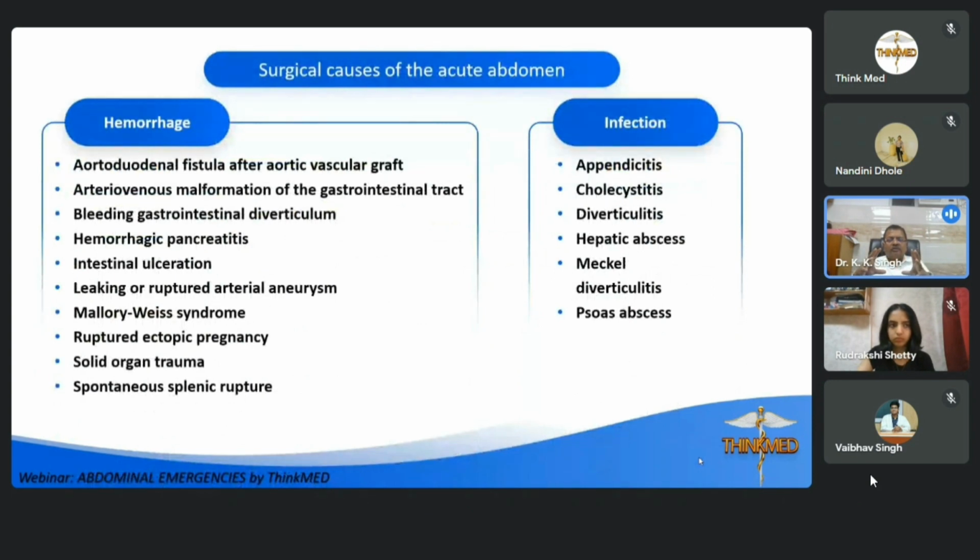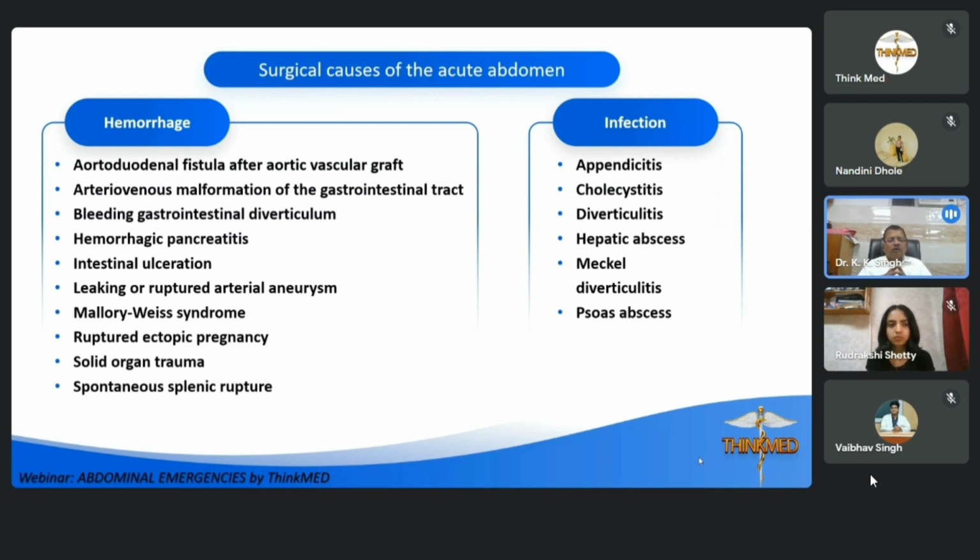Now, the surgical causes of acute abdomen. These are widespread causes. But usually we take only those entities in this acute abdomen domain which are non-traumatic, right?